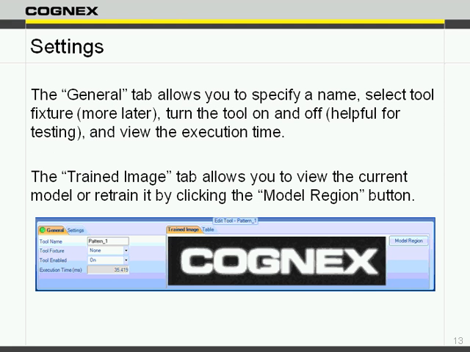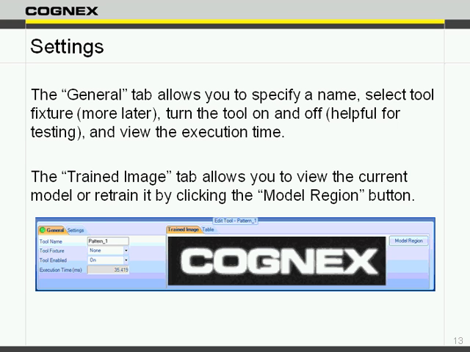In the tool itself, in EasyBuilder, you can see there are 2 different tabs there. This is the General tab, where you can take this tool. By default, it just comes up Pattern 1, but you could change that name, Cognex logo, whatever, and save it. Tool Fixture. Tool Fixture on other tools is going to be what we're setting now.